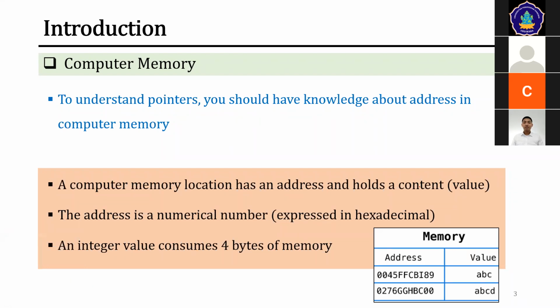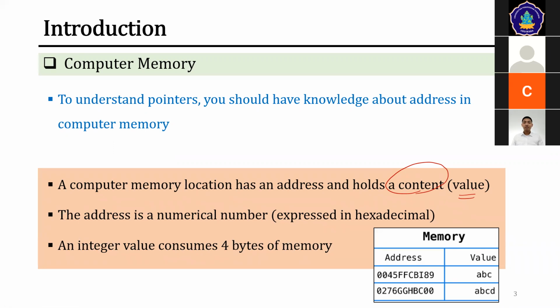So we store our value, or sometimes we say our data, in the memory. We create a variable, we set some numbers, some data, for example a string or a character. We put it inside the memory. Okay? But how can we get that data? We can do it using the address.